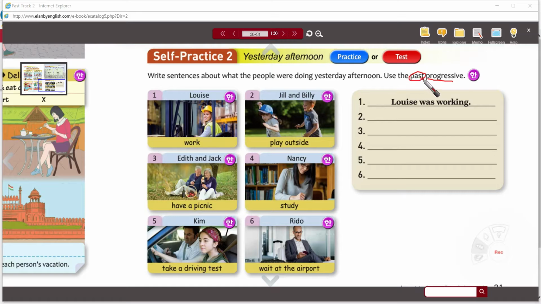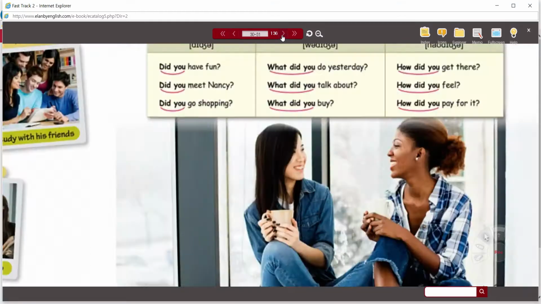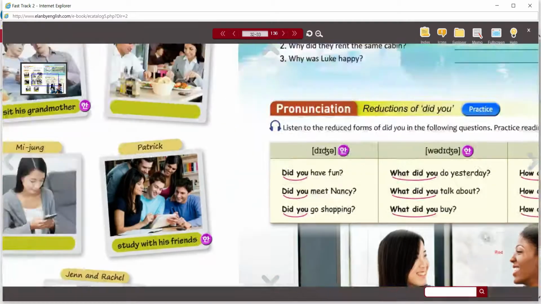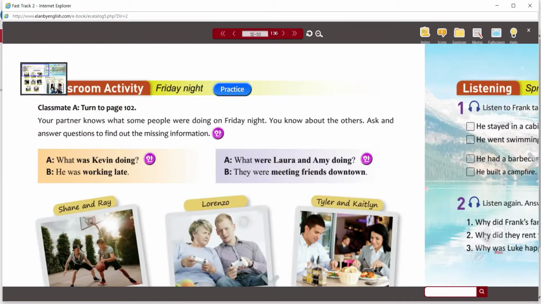Okay. Now to continue with this, you can go to the next page and do a speaking activity here. This is an information gap activity. So one person will stay here on page 32. The other partner will go to page 102. Okay.